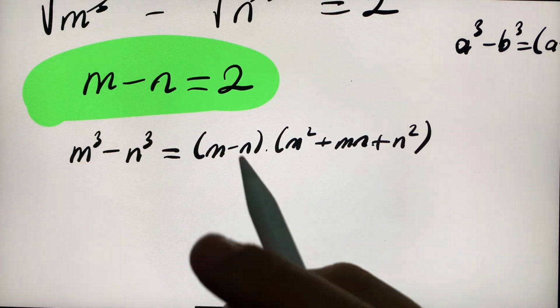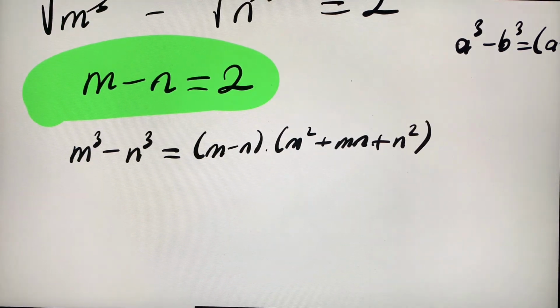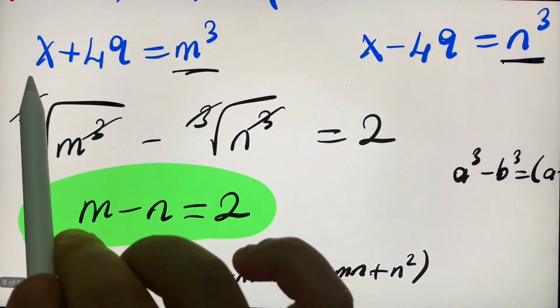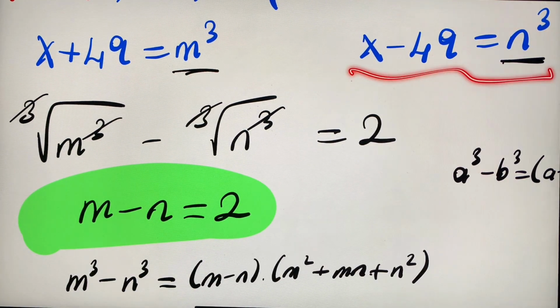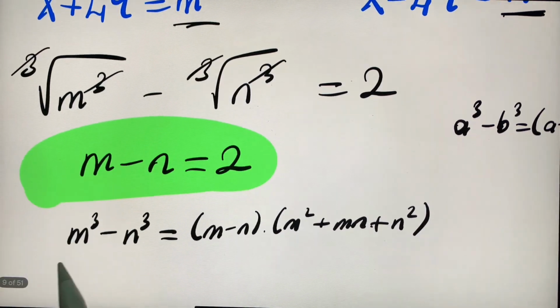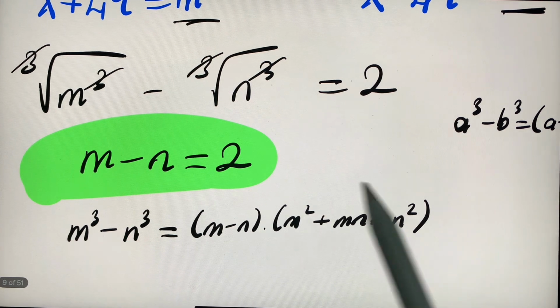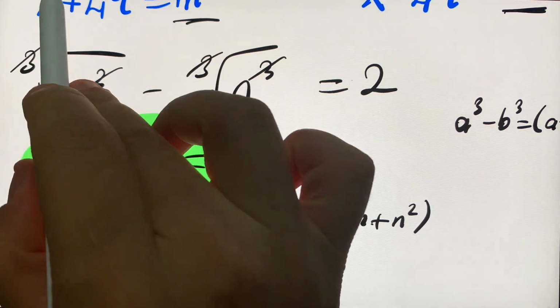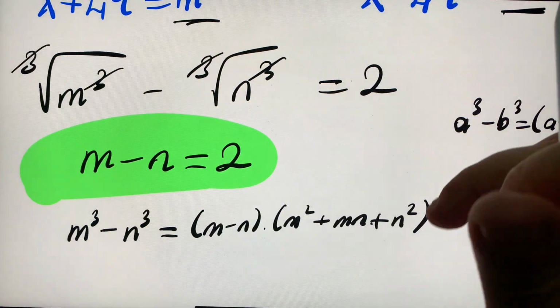What else now? I think I can look at the data first. If you pay attention here, we have m cubed and n cubed. I will replace them in the equation in this part below. We already found m minus n, so that part is left. Let's put them instead.